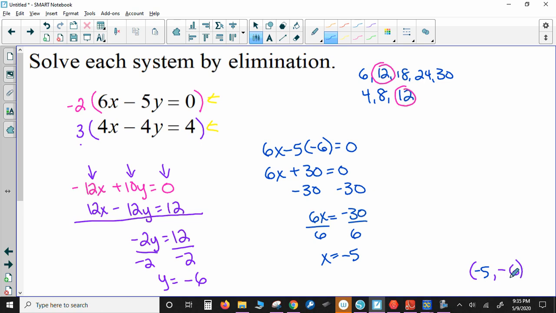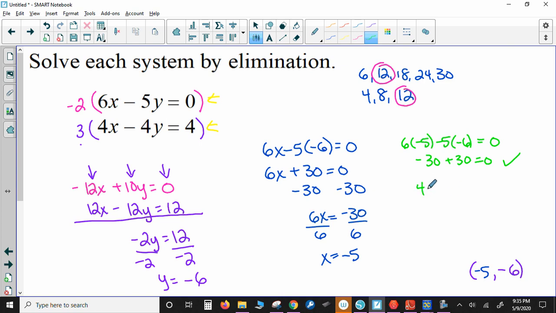Do I feel a little bit hinky about this? I do. You know what I'm going to do to not feel hinky? I'm going to check my answer. All right, so let's see. 6 times negative 5 minus 5 times negative 6 equals 0. 6 times negative 5 is negative 30. Negative 5 times negative 6 is positive 30. Equals 0. Yep, that's true.